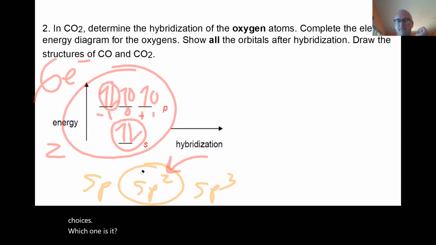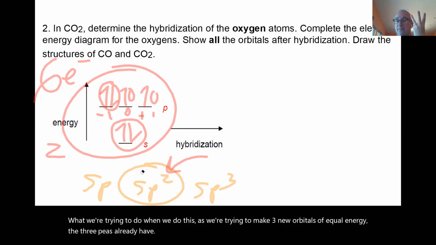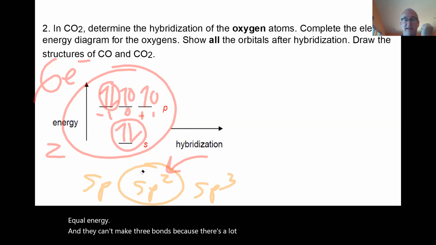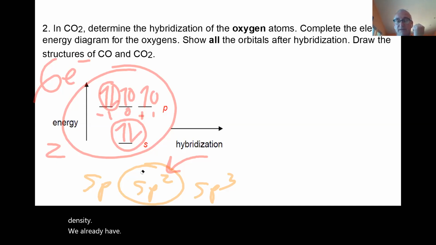3 of the p's? Well, think about what we're trying to do. We're trying to make 3 new orbitals of equal energy. The 3 p's already have equal energy, but they can't make 3 bonds because there's 3 regions of electron density, and we already have 2 electrons in one of them.